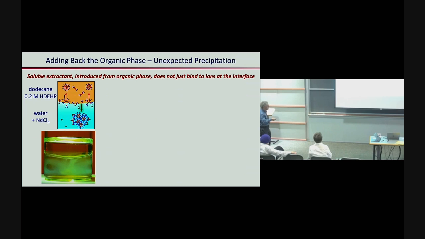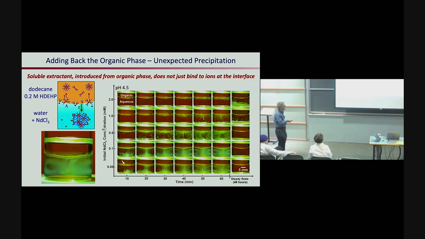So if that precipitation consists of HDHP, it means we're actually putting a lot of HDHP into the lower phase, much more than we would have expected. You see the formation of a second interface here, and then you see some dynamic processes and some instabilities at that interface.